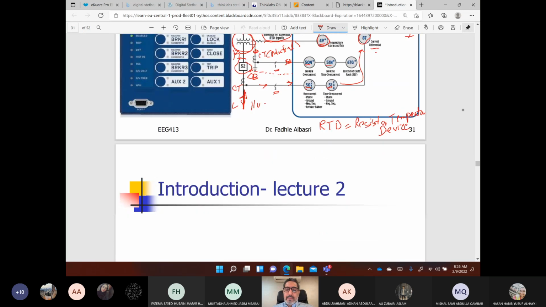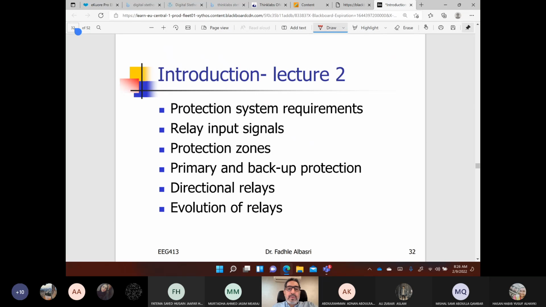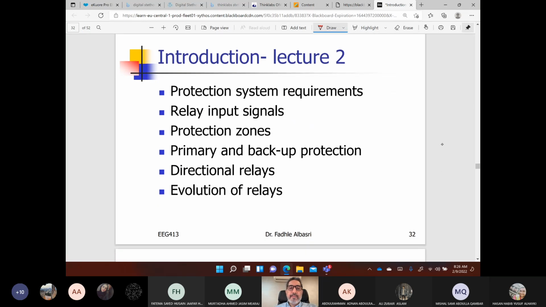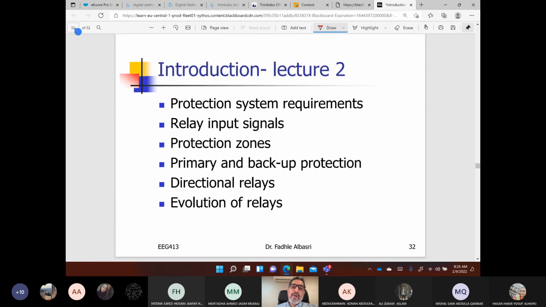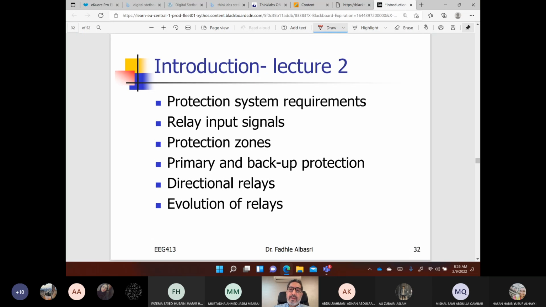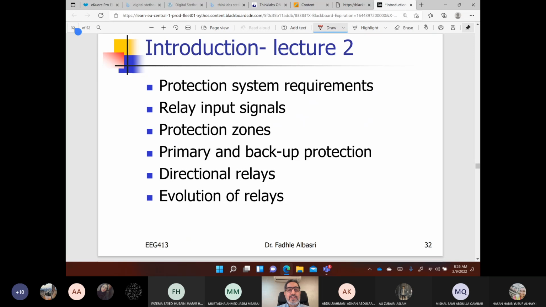Okay. Now what I'm planning to cover today: we have now seen the protection functions here. What are the characteristics of good protection functions? What are the requirements to have a good protection system? And what are the relay inputs? As you have seen already, inputs are voltage, current, and sometimes could be temperature.